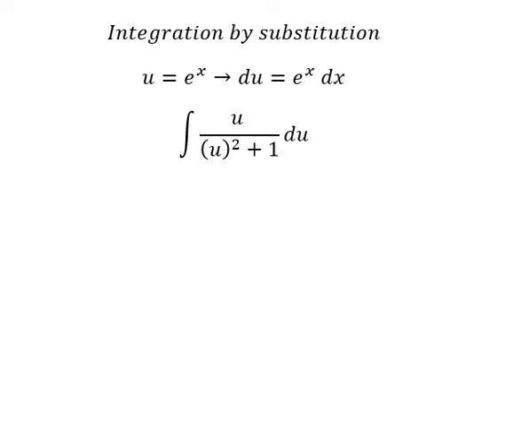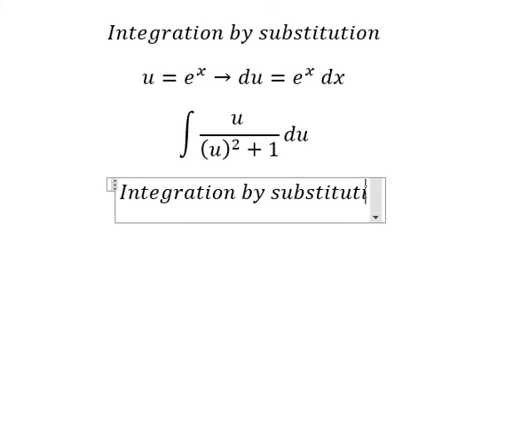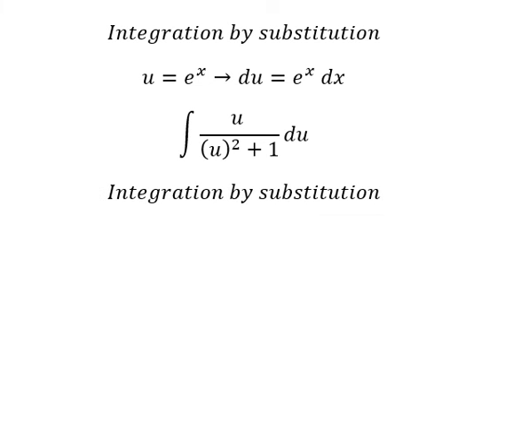Next, we need to use integration by substitution again. So I will put t equals to this one. So we take the first derivative of both sides.